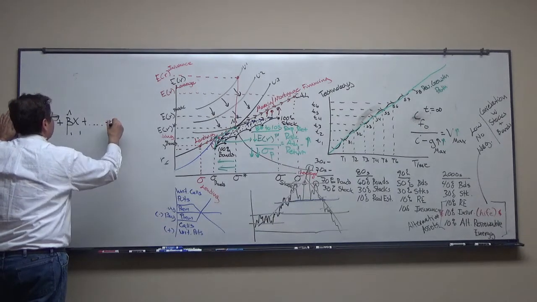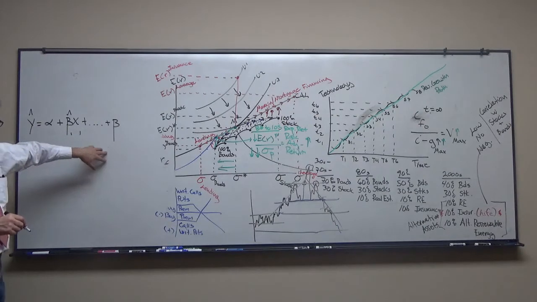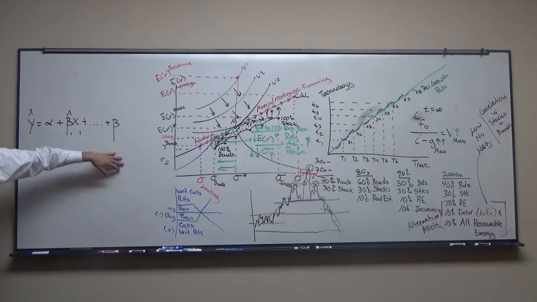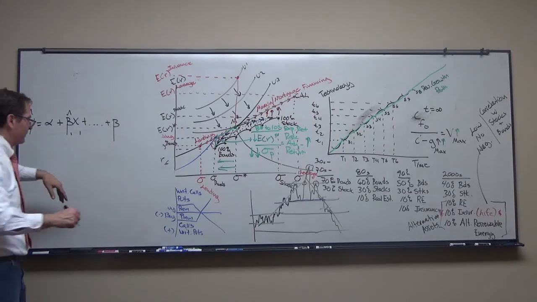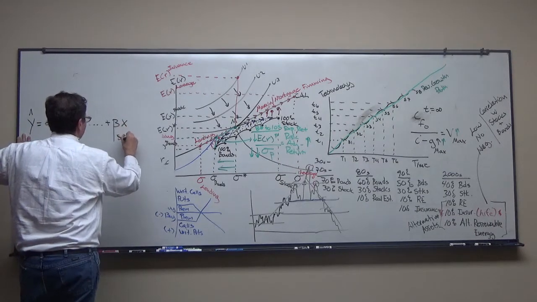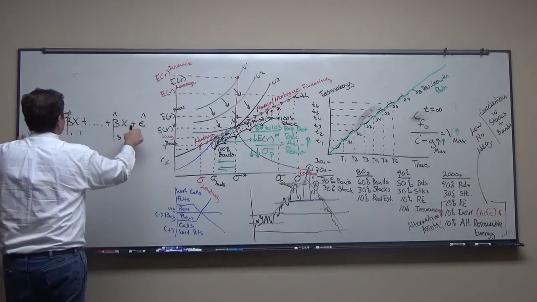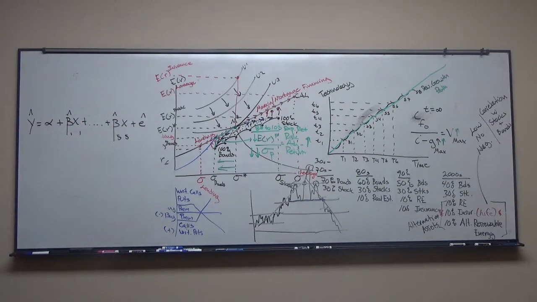No more than 5. One is too little, 3 is probably about right, 4 is good, 5 you may run into a problem, but no more than 5. Then you run into multicollinearity in most cases. And then the error term's also an estimate. So I'm looking for that structure. I like to see all 5, all laid out.